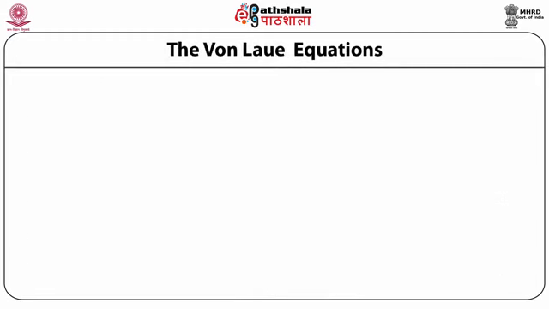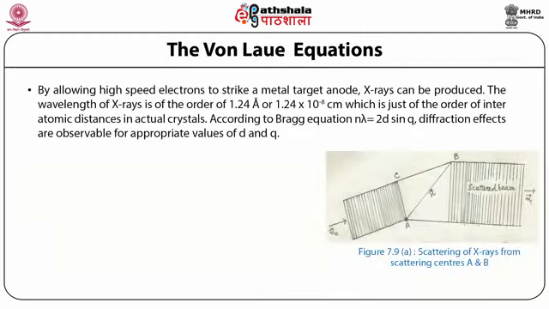The von Laue equations. By allowing high-speed electrons to strike a metal target anode, X-rays can be produced. The wavelength of X-rays is of the order of 1.24 angstroms or 1.24 into 10^-8 centimeters, which is just of the order of interatomic distances in actual crystals.